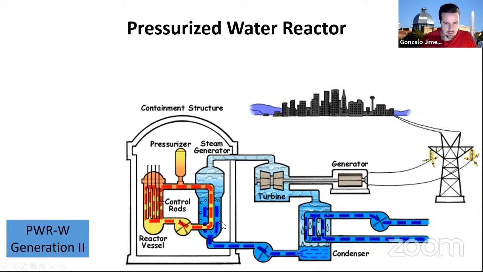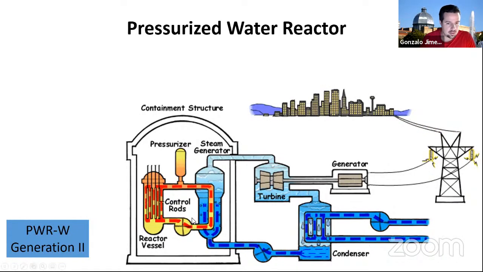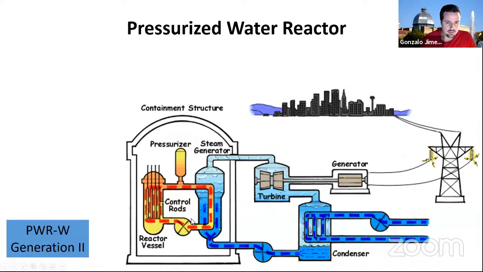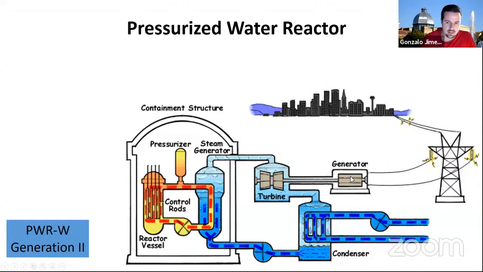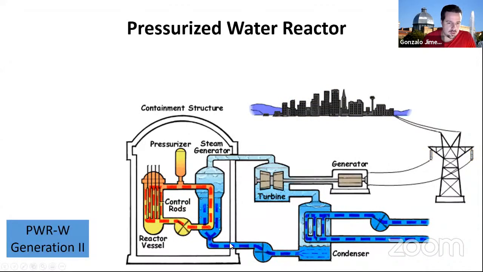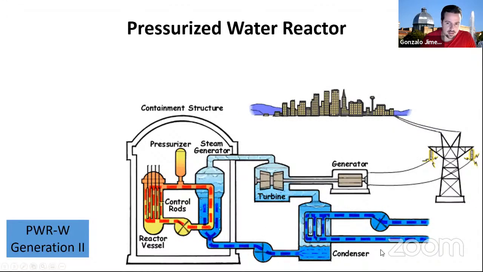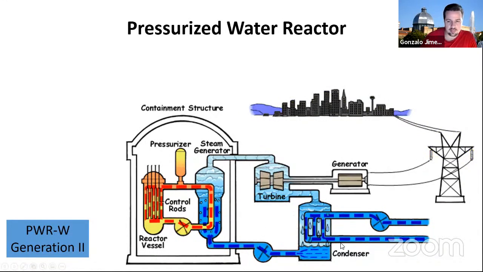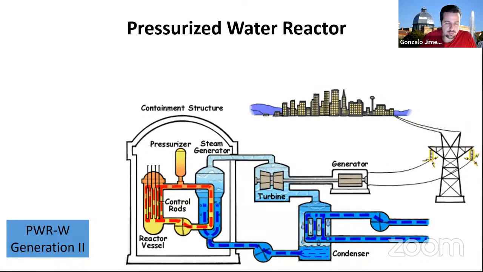You have a primary circuit in which you have the nuclear fuel, and this is a circuit at very high pressure, 155 bars, and it heats up a secondary circuit in which you create the steam, and the steam goes to the turbine, and it creates electricity in the generator, and then it's condensed in the condenser, and so on. So you have this secondary circuit, which is refrigerated, but this tertiary system can be whatever you need or you have in your place.